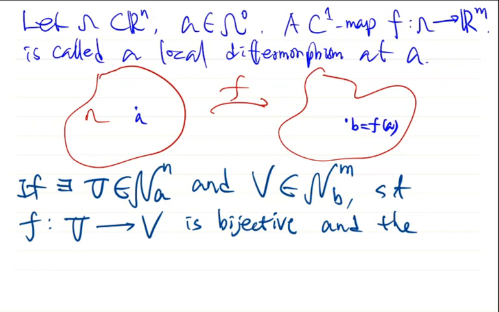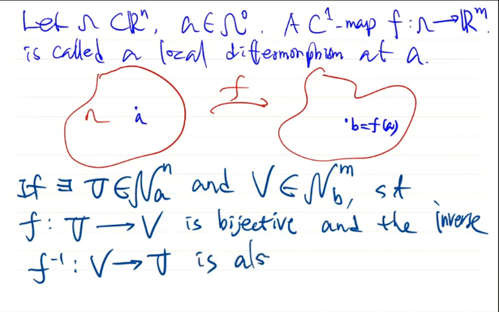And the inverse, that is a map from V to U, is also continuously differentiable.